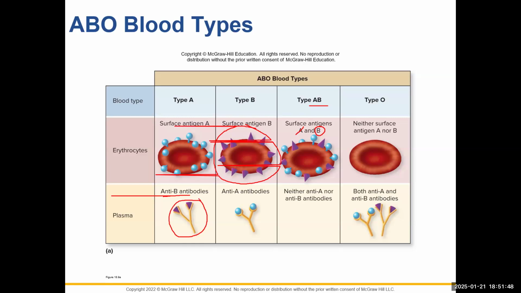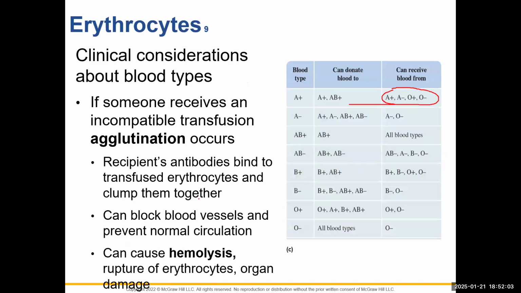So type B blood is not good for me, and type AB blood is not good for me. Some of you might be thinking, I understand the B and I understand the AB, but how come you can donate blood to an AB person?